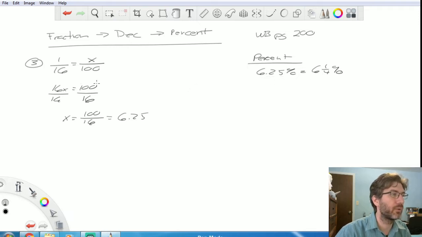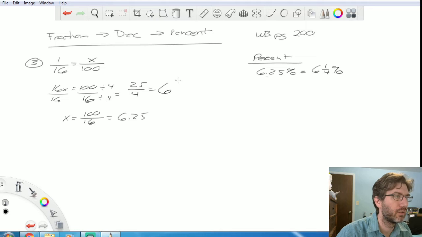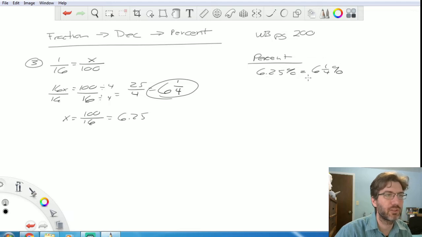You can then say, okay, how many times does 16 go into 100? Well, you probably want to reduce that first. So if I divide each by 4, I get 25 fourths. How many times does 4 go into 25? 6 times total, and there is 1 left over, because 6 times 4 is 24. So that's where my 6 1/4% comes from.